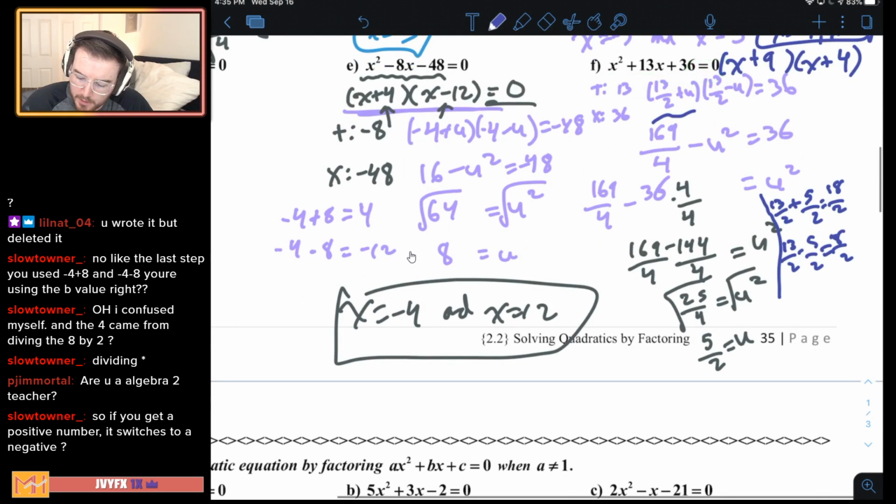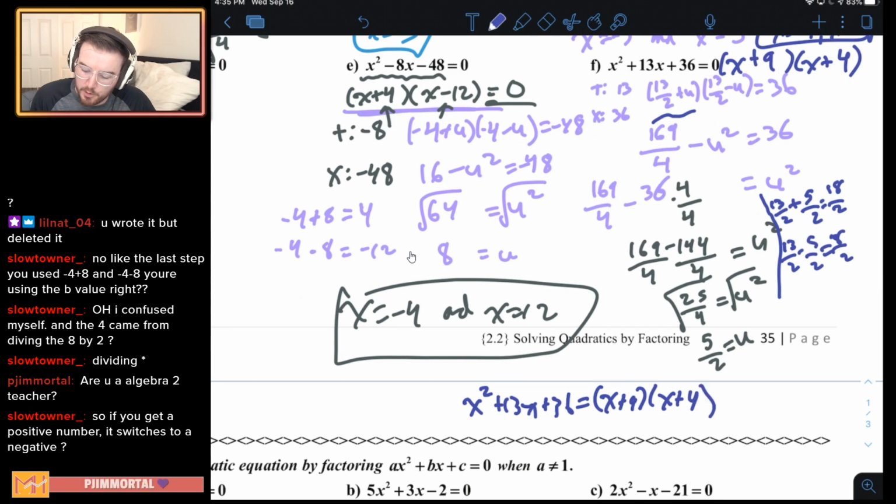What are we saying? We're saying x squared plus 13x plus 36 equals x plus 9 times x plus 4. That is a true statement. These two things are equal, and we want it to equal 0. So what x value sets it equal to 0?